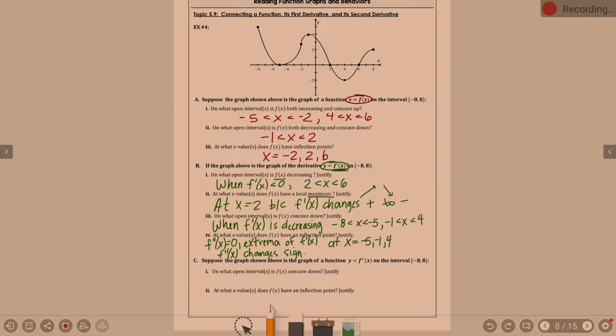Now what is this graph? Second derivative. So change your thinking up again. This is a second derivative. On what open intervals is the function concave down? When is a graph concave down?